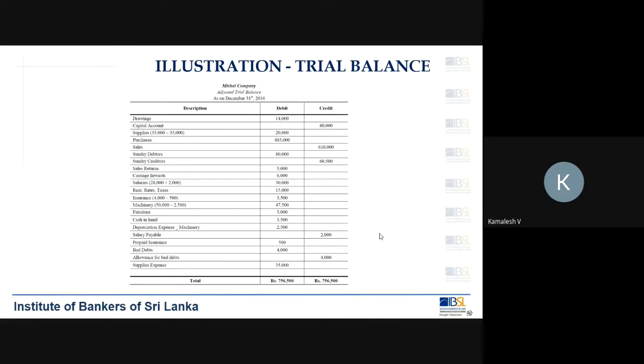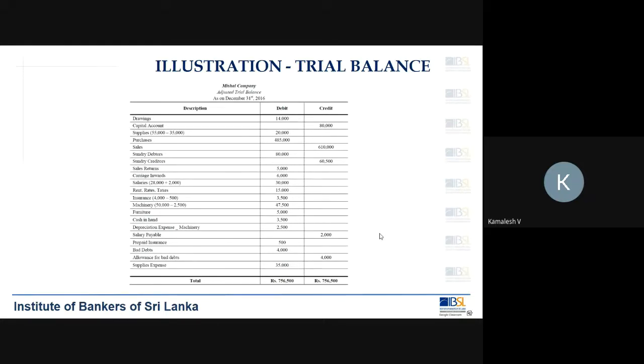Now, this is one such example where you get the list of accounts on the left side. You see the description, and you get drawings, capital accounts, supplies, purchases, sales. Likewise, you have listed all the accounts. Alongside that, you have 2 more columns, one to reflect the debits and one to reflect the credits.